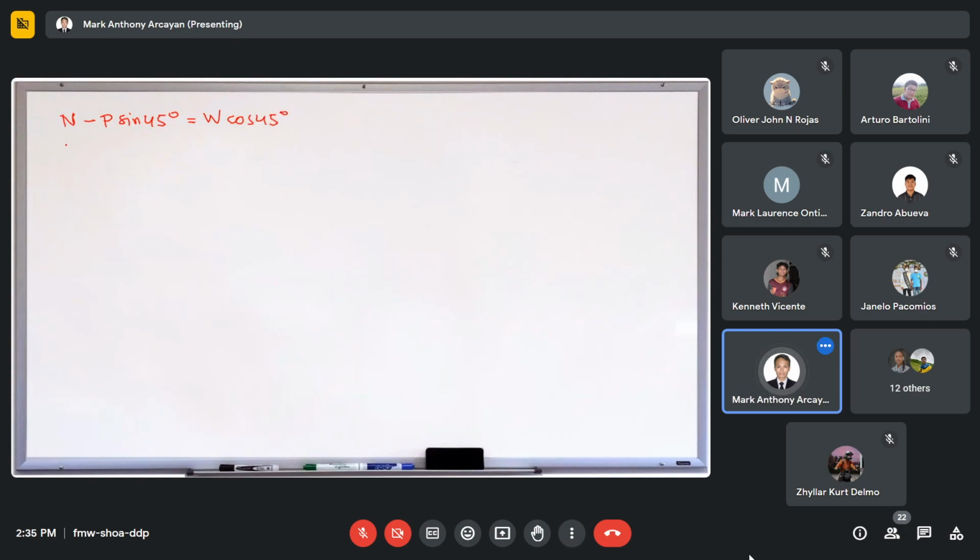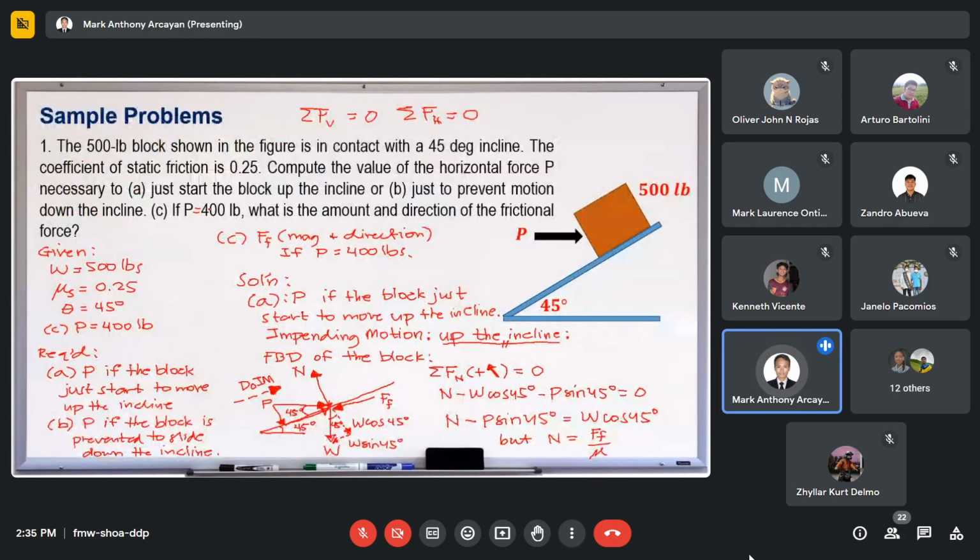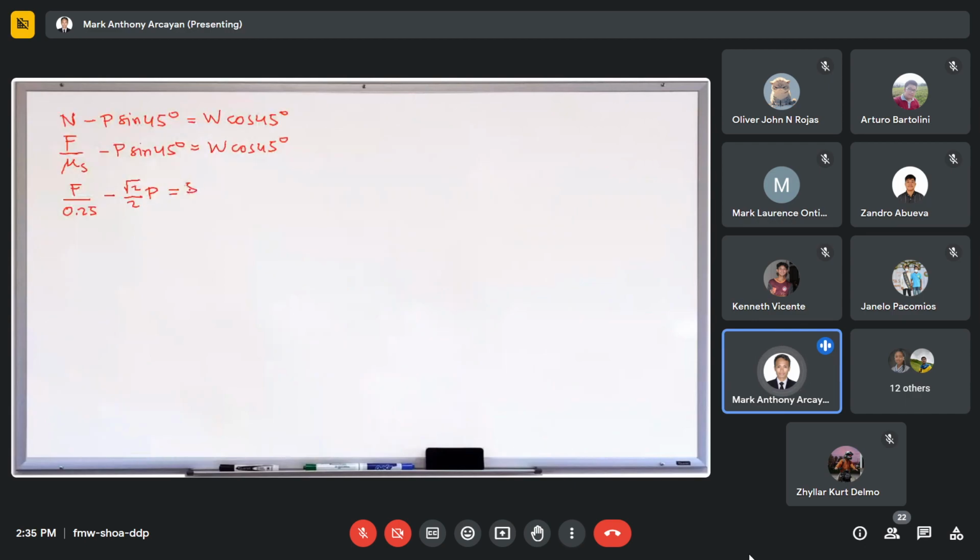Substituting, F over mu s, the static coefficient of friction, minus P sine 45 degrees equals W cosine 45. Substituting the values, F over 0.25, minus sine 45, that is square root of 2 over 2, times P, equals the weight, which is 500, times square root of 2 over 2.